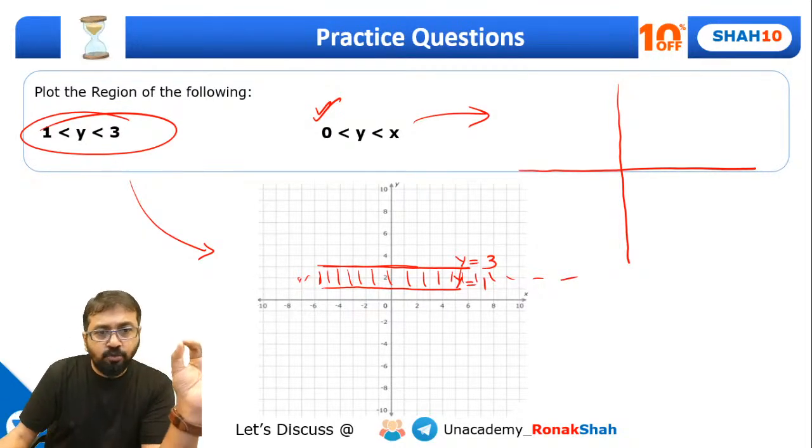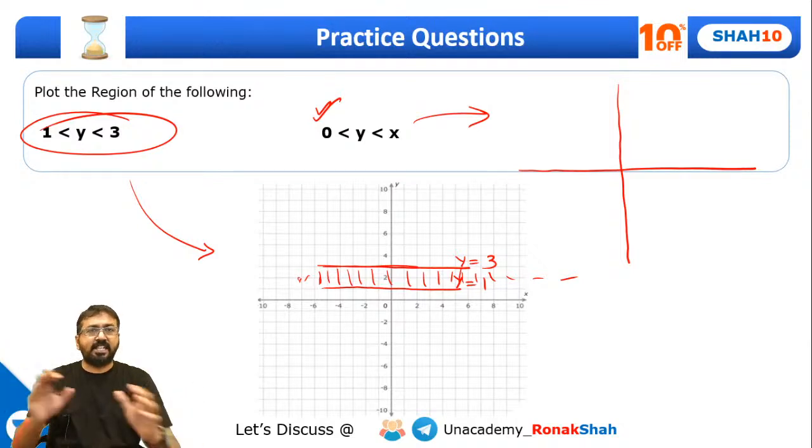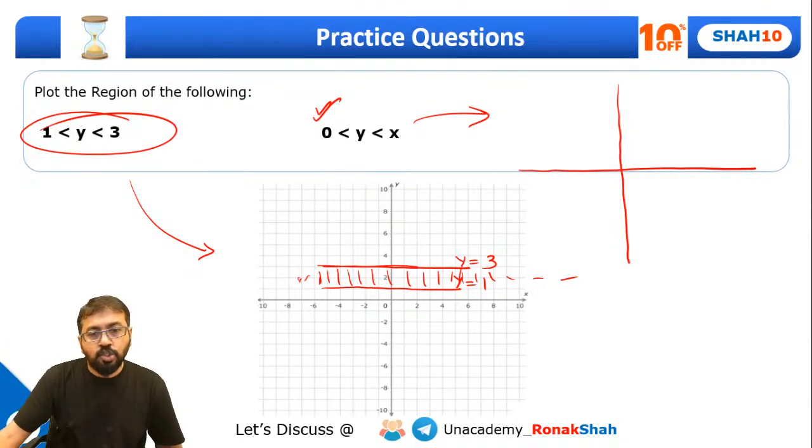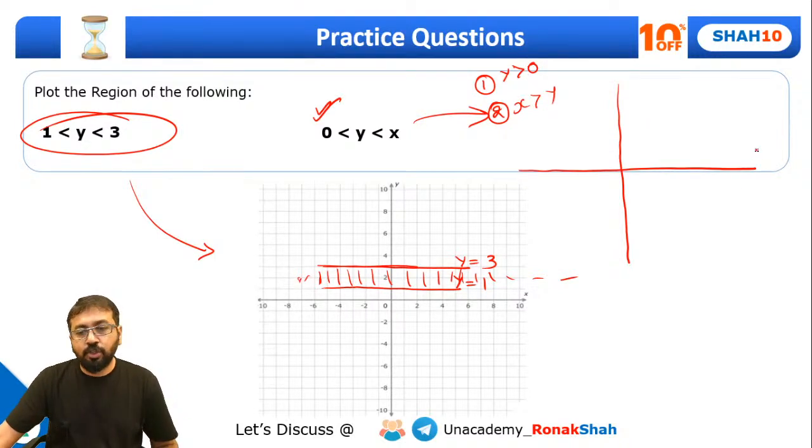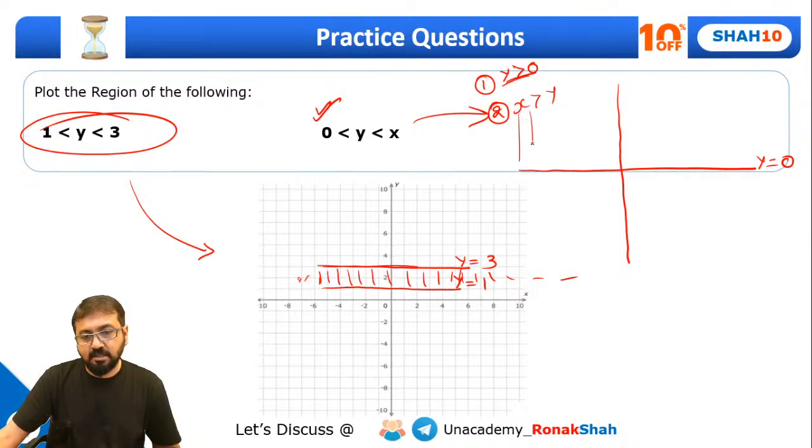Now see, let me show you. Whenever you have a continuous inequality, you can break it into small parts. So you can break it into two parts. First, y greater than 0, and second part, y less than x, or I can say x greater than y. Now y equal to 0 means x-axis. So y greater than 0 means this shaded region.